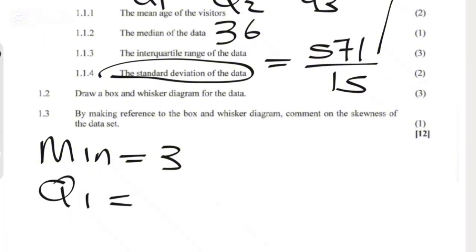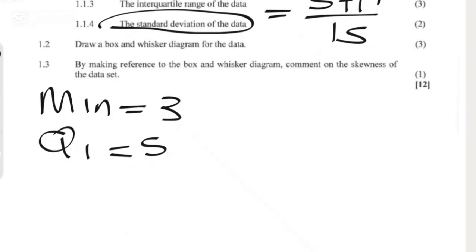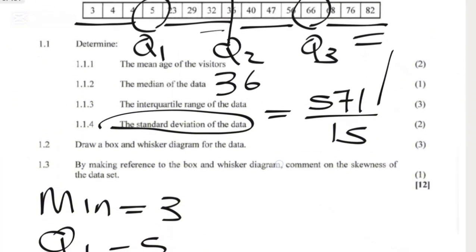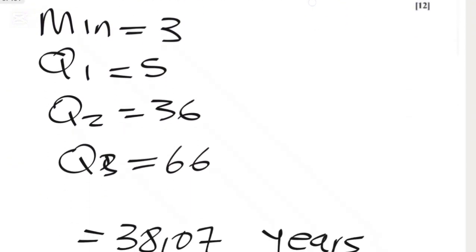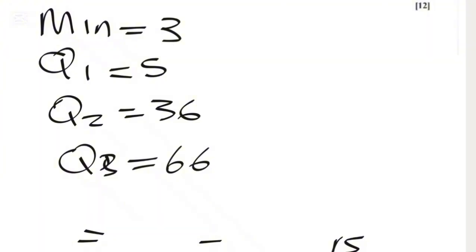Q1 is 5. Then Q2 is 36. Q3 is 66. That's a 5 number summary. And then look, the maximum is 82.